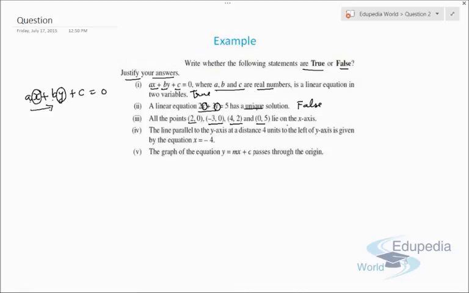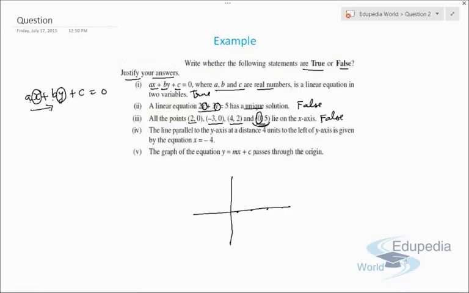Now for a point to lie on the x-axis, in a Cartesian system, it should have a non-zero abscissa, meaning its abscissa should not be 0. And in the last coordinates we can see clearly that we have abscissa as 0. This means these points do not all lie on the x-axis, so the statement is false.